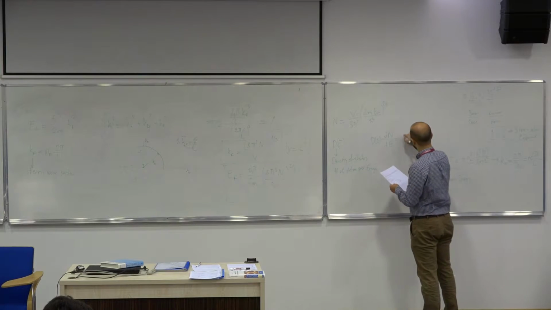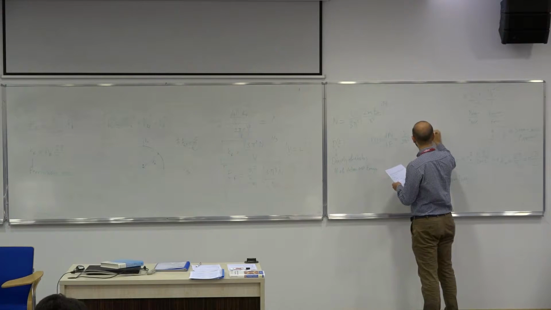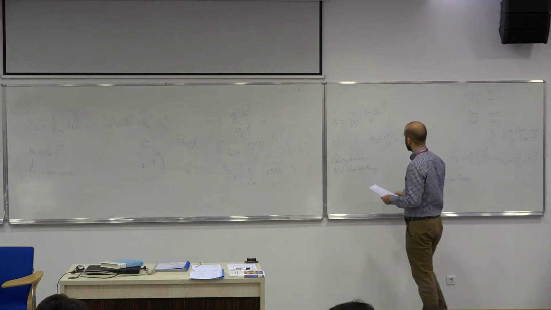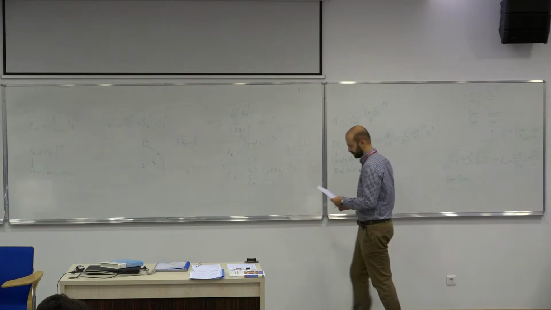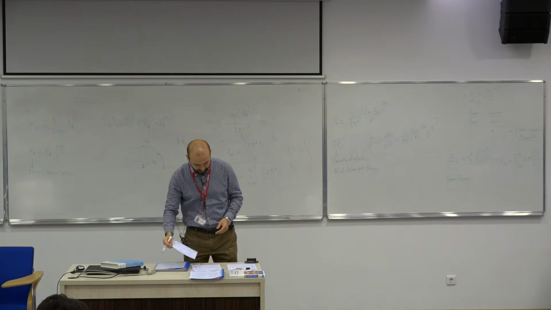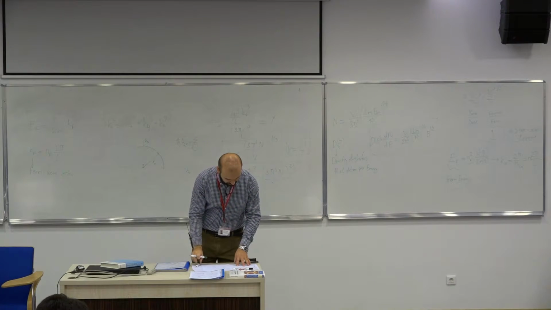And 1 over 2 pi squared, times (2m over h bar squared) to the power 3/2, times E to the 1/2. Okay. Now what am I looking at here?